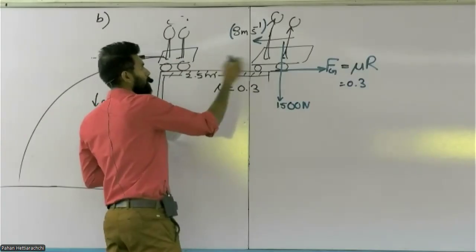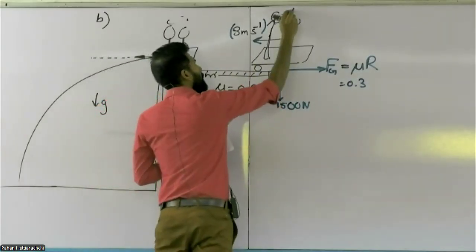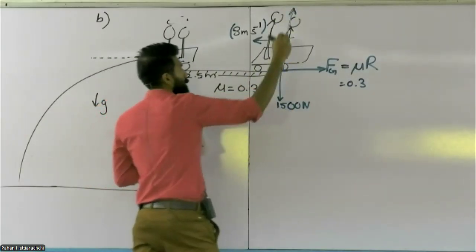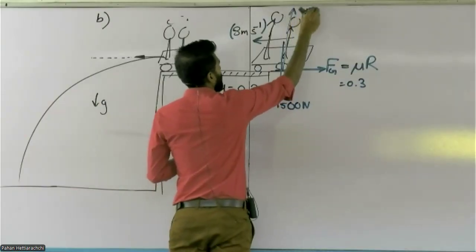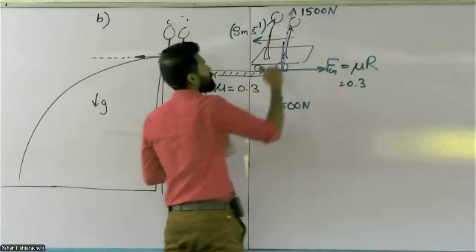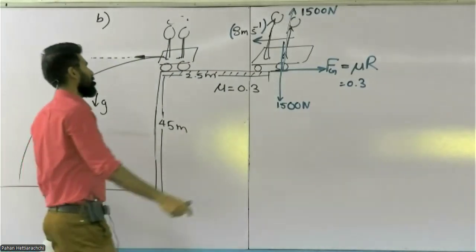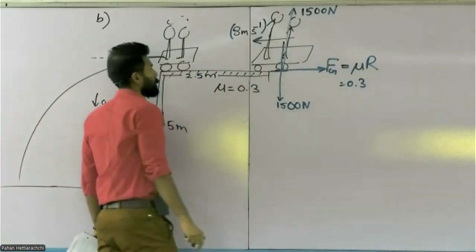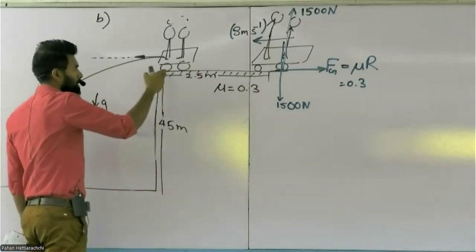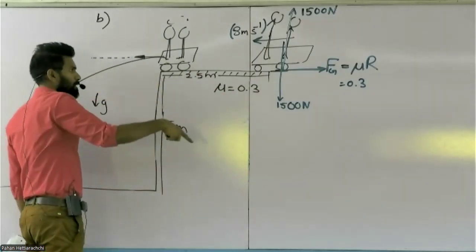They are in a horizontal motion, so the normal reaction should cancel this 1500. So the combined normal reaction is 1500 newtons upward. They have no vertical motion.